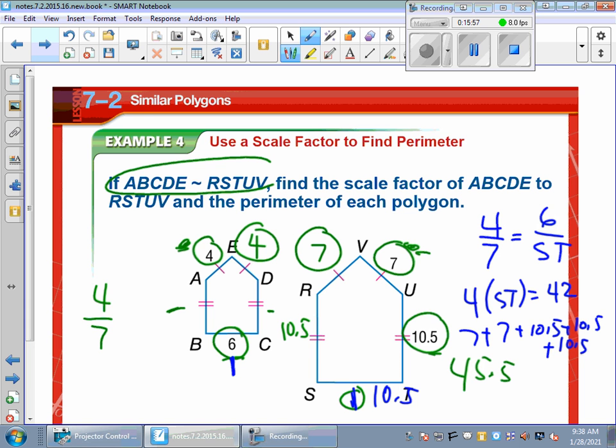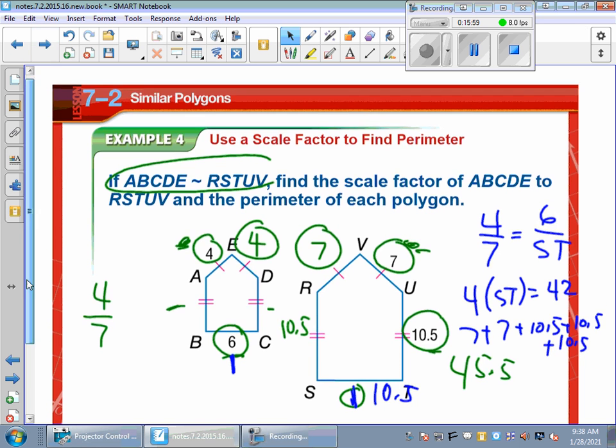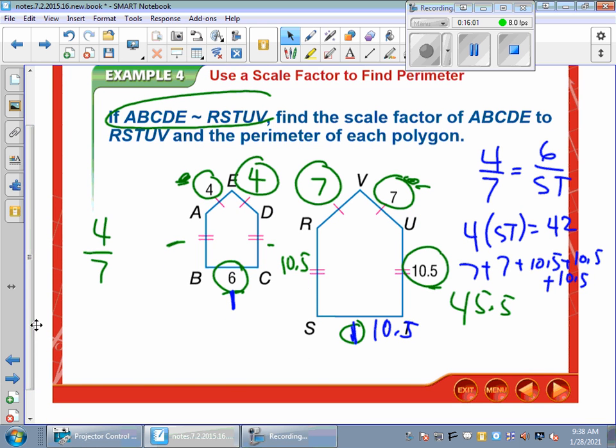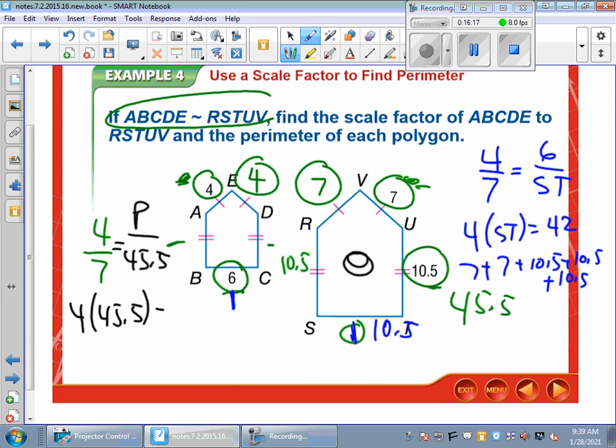So yeah, you could try to find the side over here, or we can just simply use a perimeter. So we're going to use that 4 over 7. And remember, our perimeter was with the bigger one, so 45.5 goes here. And we're just going to put P here for perimeter. So that's our proportion. 4 times 45.5 equals 7P.